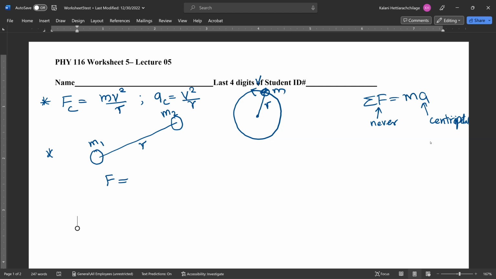It will be the universal gravitational constant times the mass of the first object, times the mass of the second object, divided by the distance R squared. So this force acts between any two objects. It can be astronomical planets, or it can be two people on the earth, right? It doesn't matter. This force is always there.